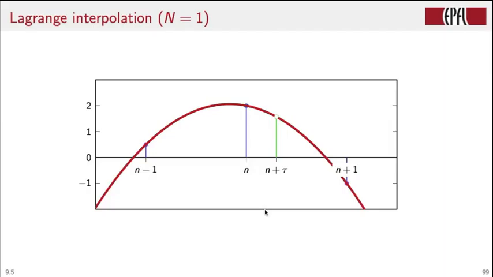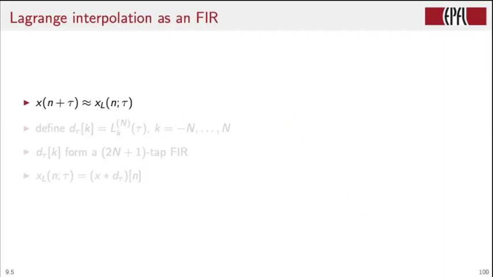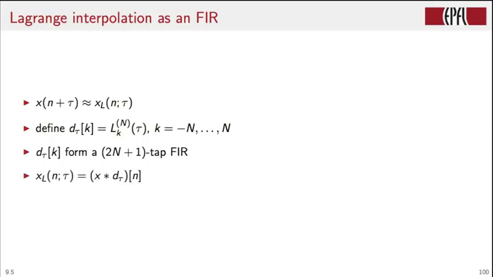Now the nice thing about this approach is that if we take the Lagrange approximation around n, we can define a set of coefficients d tau of k, which are the values of each Lagrange polynomial in tau. So d tau of k are 2n plus 1 values that form the coefficients of an FIR filter. And we can compute the value of the Lagrange approximation simply as the convolution of the incoming sequence with this interpolation filter.